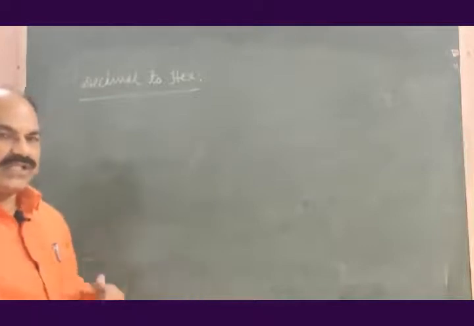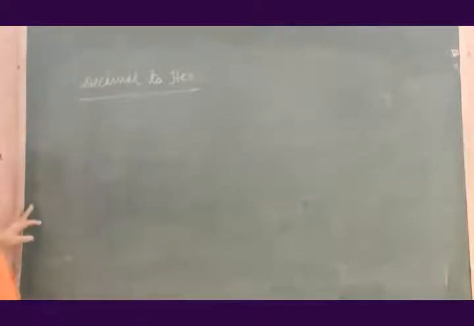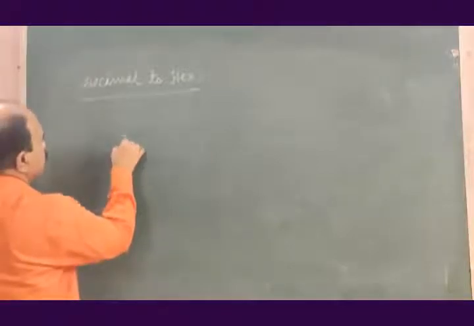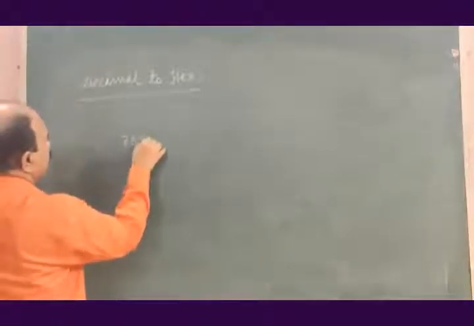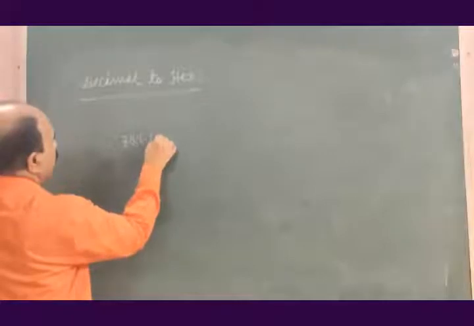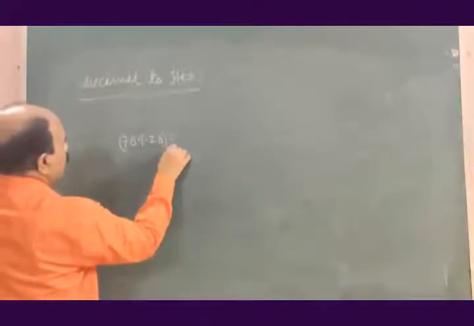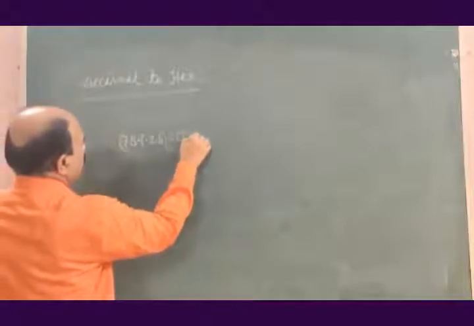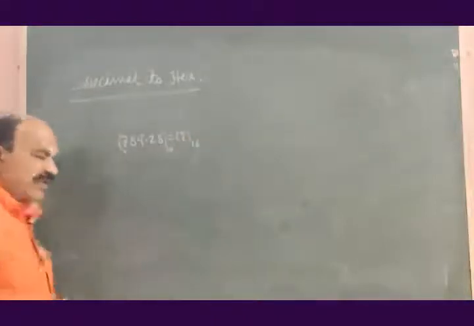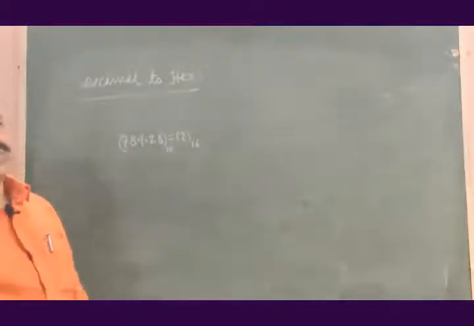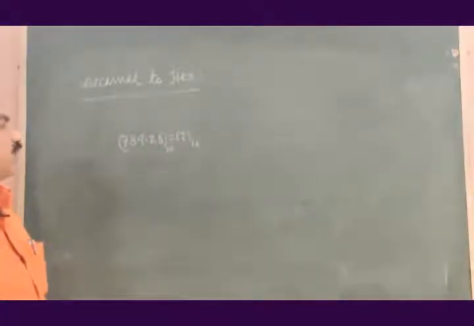Let us suppose that you are given the numbers in decimal number system, and you are asked to convert it into hexadecimal number system. What to do? Use the double table method.